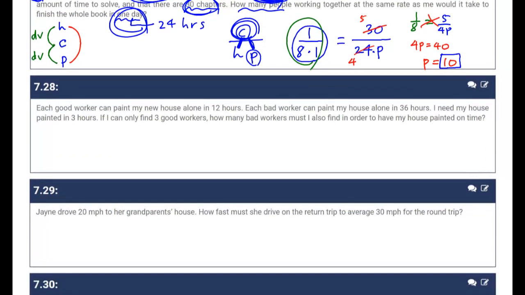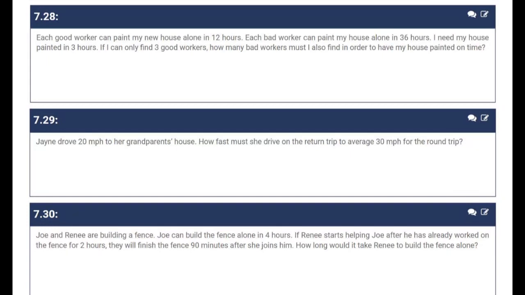Moving on to 7.28. It says each worker can paint my new house alone in 12 hours. Well, every hour, one good worker can only paint 1 out of 12 of my house, right? Per hour.